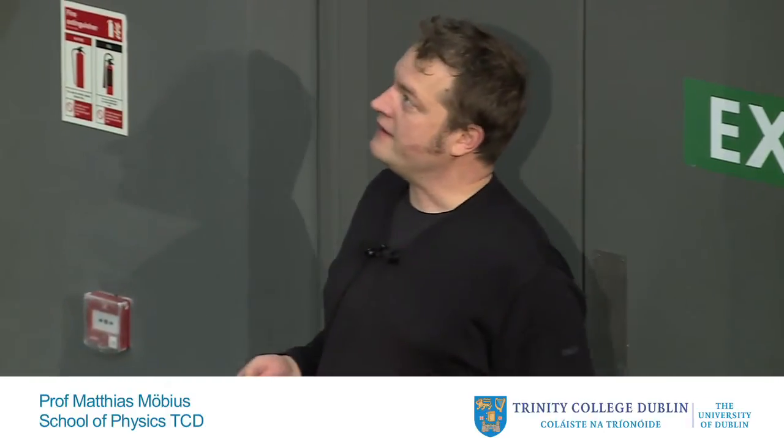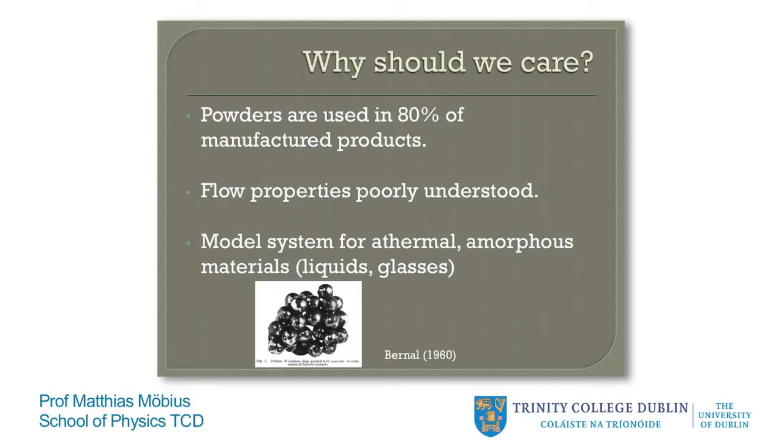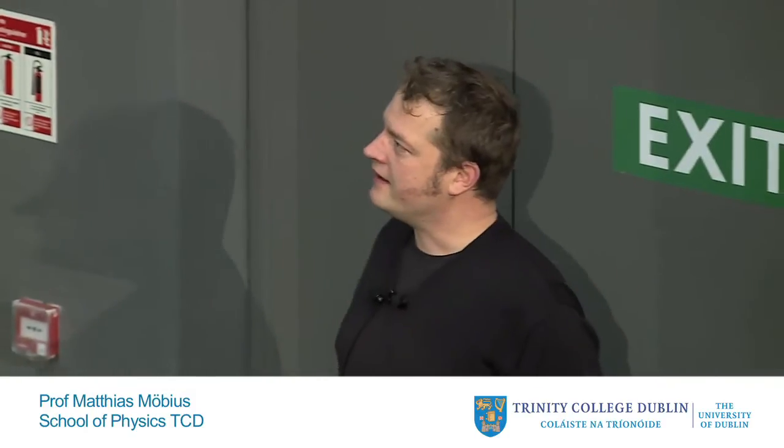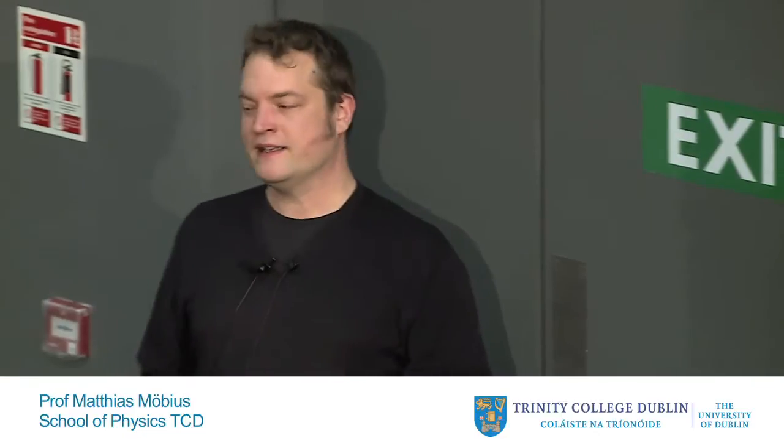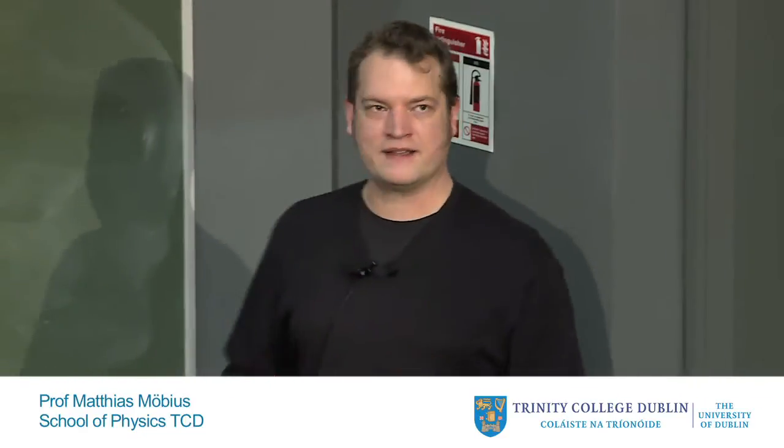And then for physicists, there's also an interesting system because if you think of ball bearings that are packed in a disordered state, the structure of these ball bearings, and that was actually studied by Irish physicist Bernal in the 60s, this disordered structure is essentially the same structure you find in a liquid.